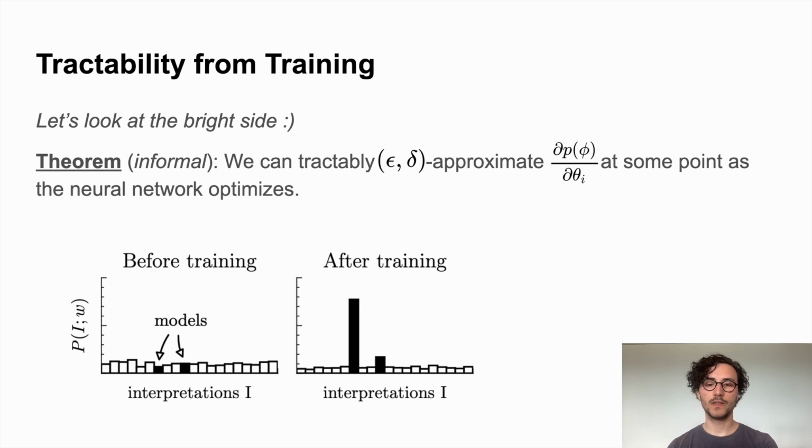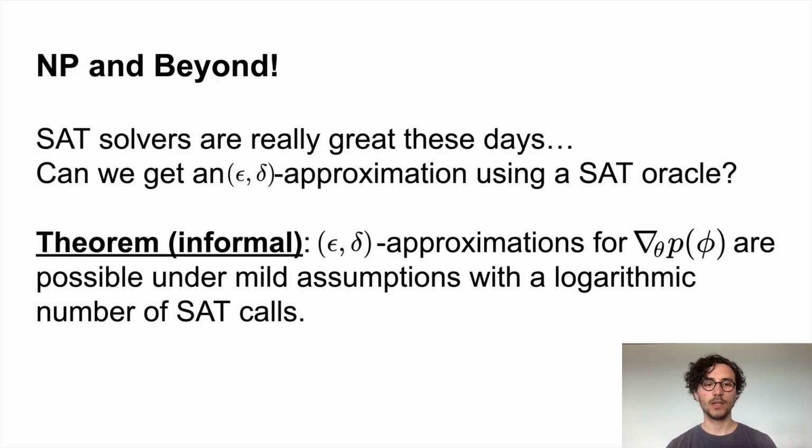However, as the model trains, it becomes more informed and it will start to put more confidence into one of the correct models. This means that sampling becomes easier, and that at some point you can get a guarantee that the gradient can be approximated in polynomial time. Okay, but what do we do if we want to get gradients in the general case, so even at initialization?